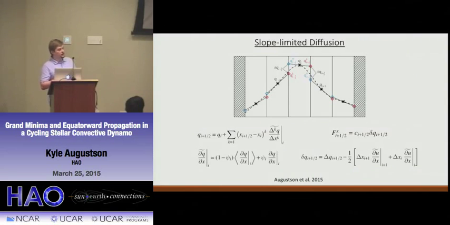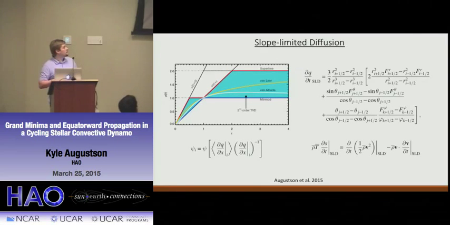In this case for ASH, we have spectral derivatives in the horizontal and fourth order derivatives in the vertical. And then you apply a limiter to one of the values and reconstruct this derivative at cell center. That's done with this limiting function here, where you take the ratio of the reconstructed derivative to the actual derivative.